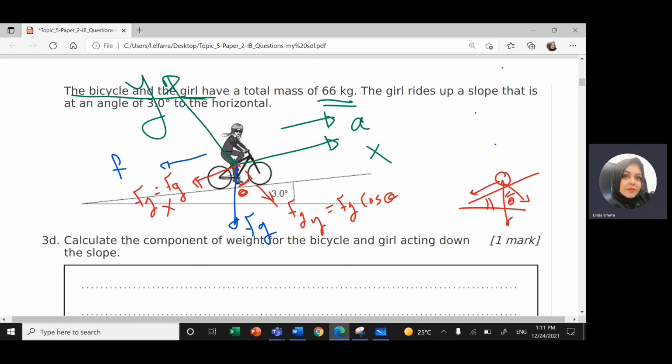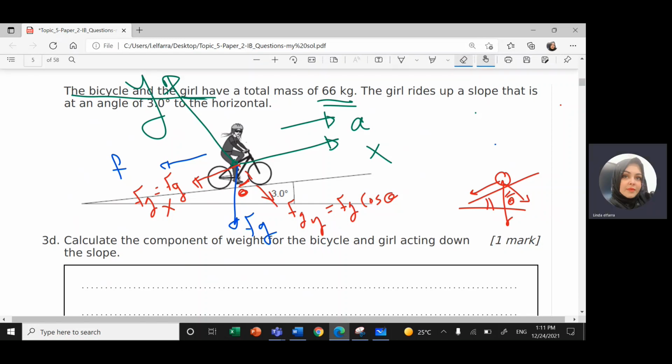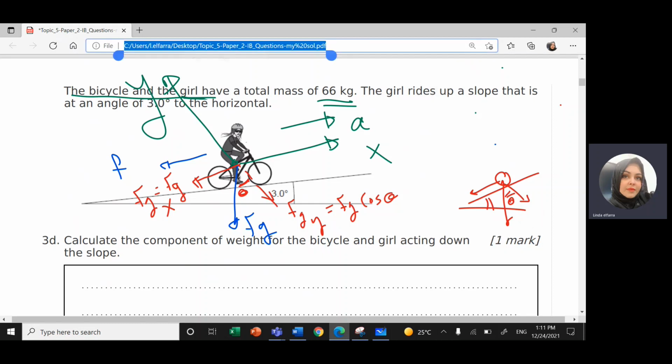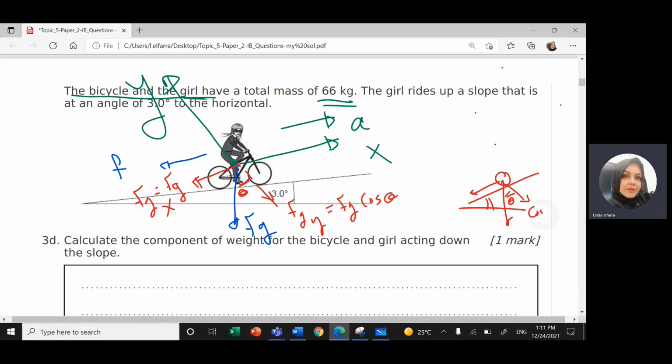So always in y direction, it will be cosine theta, adjacent always cosine, adjacent Fg cosine. Okay, so this is cosine and this is always sine, always. This is sine and this is cosine if you have inclined surface.